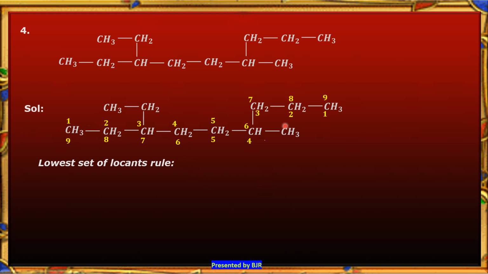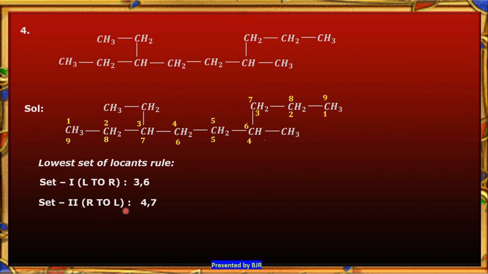From left to right, the locants are 3, 6. That is, third carbon and the sixth carbon are bearing substituents. So set 1 locants are left to right 3 to 6.